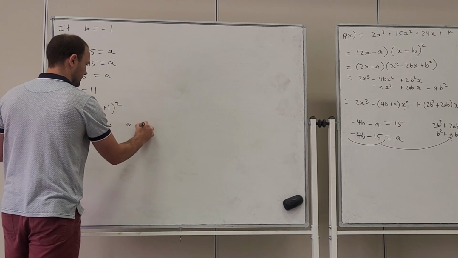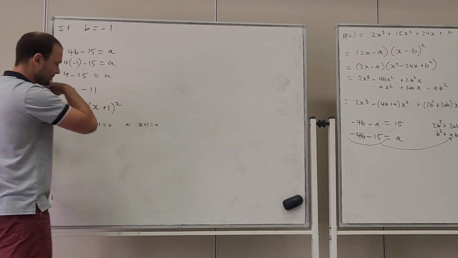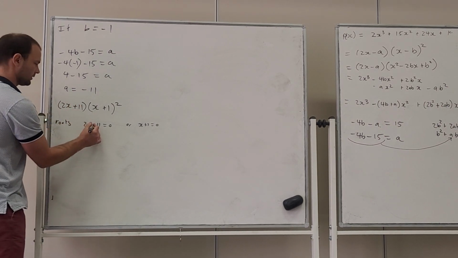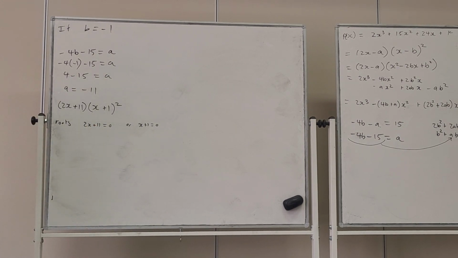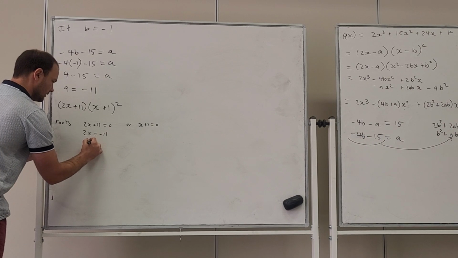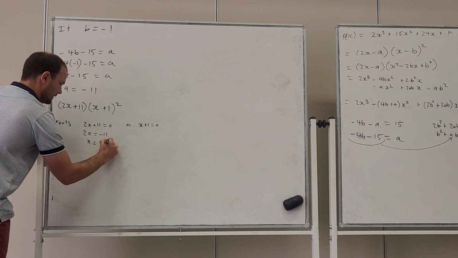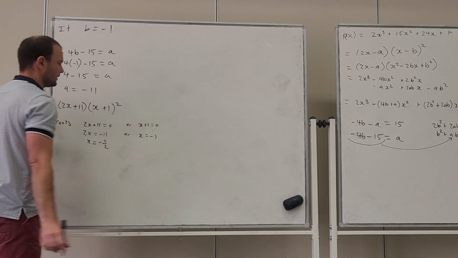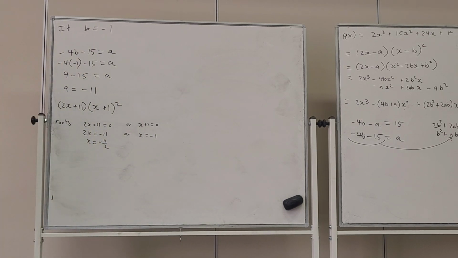Mr. Royals? Yep. Should be 2x plus 11 because in the original question it's 2x take a, and a is negative 11. Yes. Yep, 2x, very good. Thank you. 2x plus 11 is 0. 2x is minus 11, so x is minus 5.5, or x is minus 1. That's the double solution.